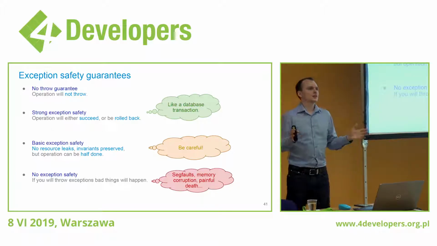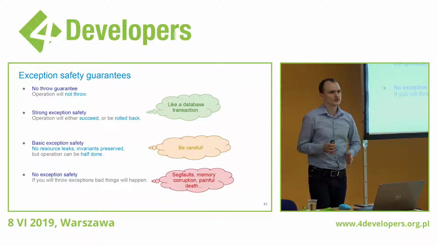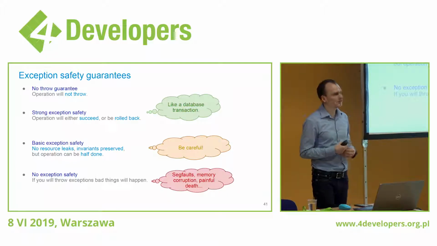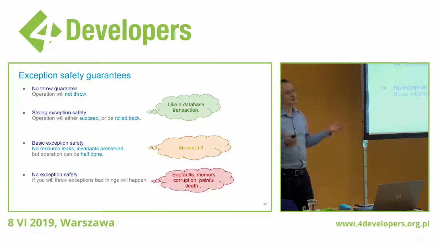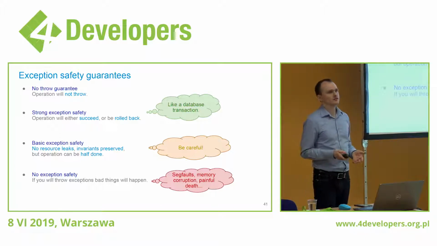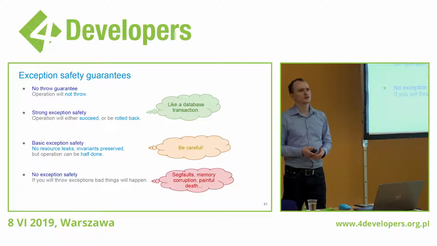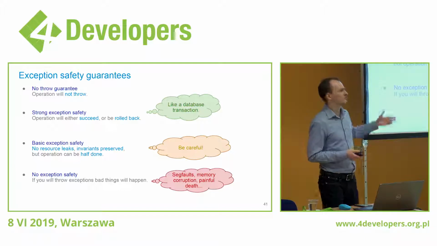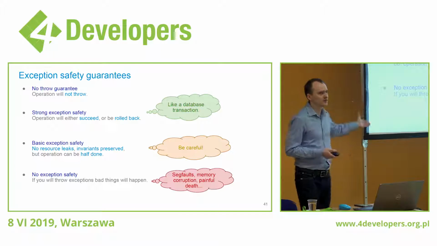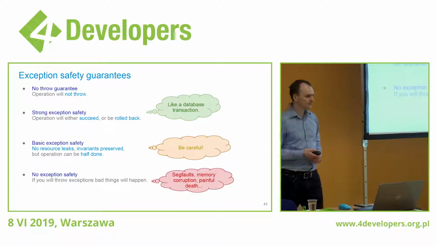It's just that the function did only part of its work, right? So this is basic exception safety. And no exception safety is, if an exception happens, undefined behavior, or resource leaks, or bad things. So this means no safety, no exceptions allowed.